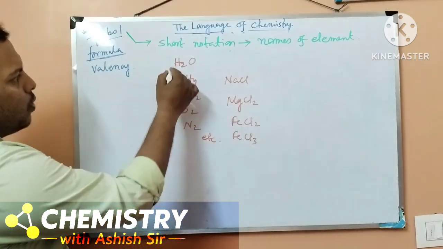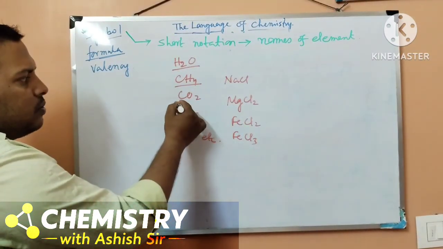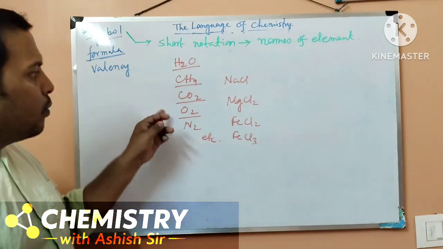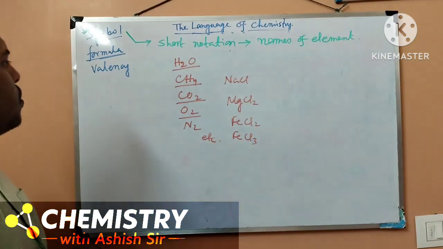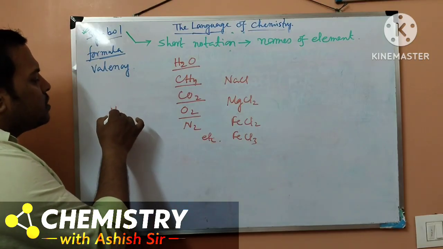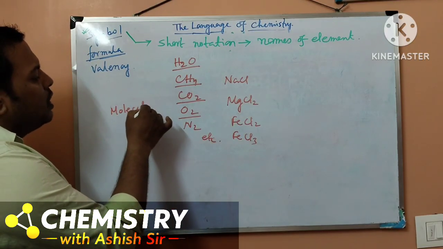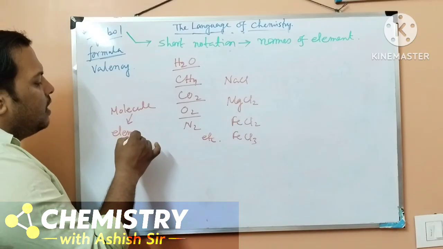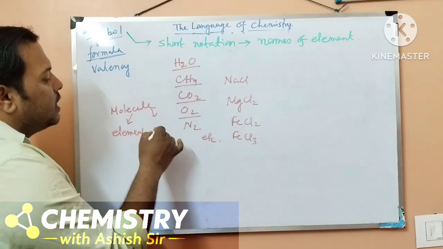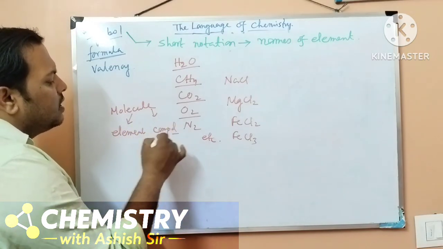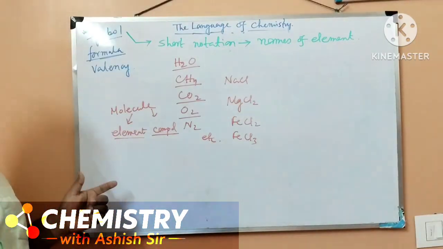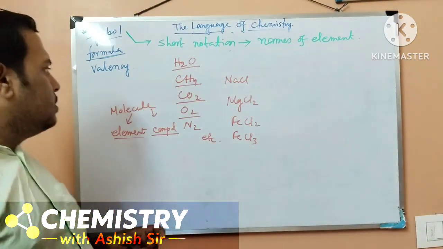So what are these? Water is a compound, methane is a compound, carbon dioxide is a compound, and oxygen and nitrogen are molecules of an element. So it is the molecule's name, a molecule of an element or a molecule of a compound, whatever it is.